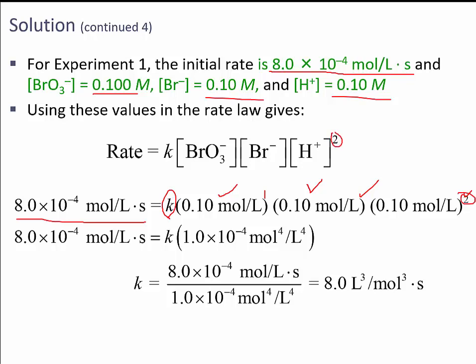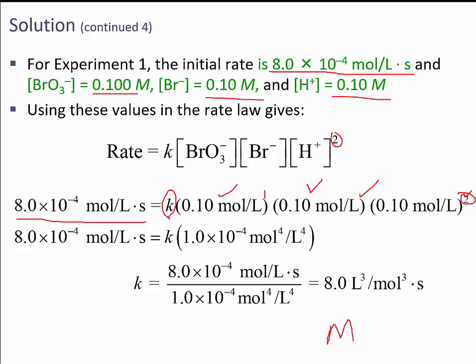So we're going to get 8 times 10 to the minus 4 moles per liter per second is equal to K times 1 times 10 to the minus 4 moles to the 4th liters to the 4th. So K is going to be, solve for this, we're going to rearrange it, and notice what our units come out to. Our units on K are going to end up as liters cubed per moles cubed per second.